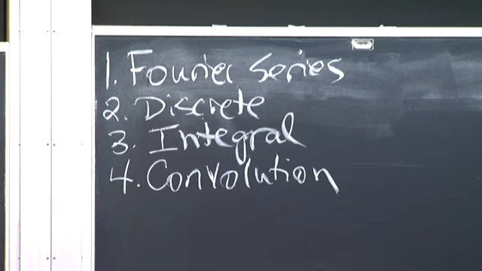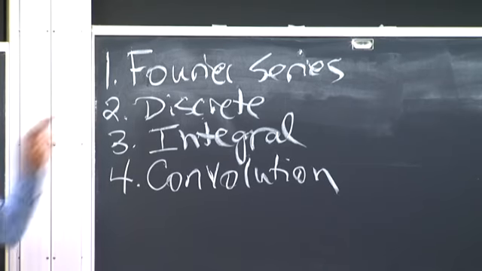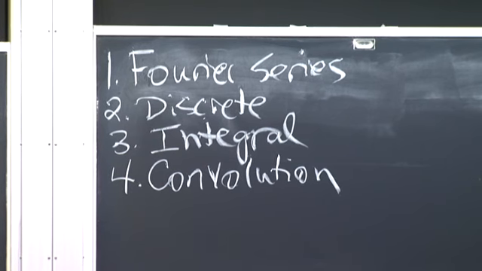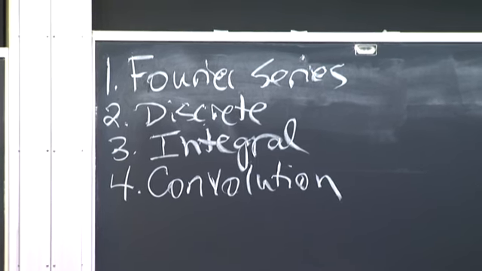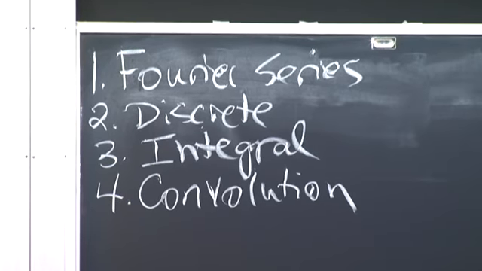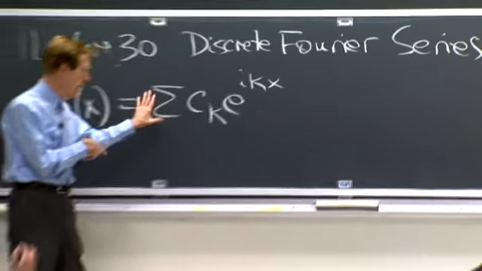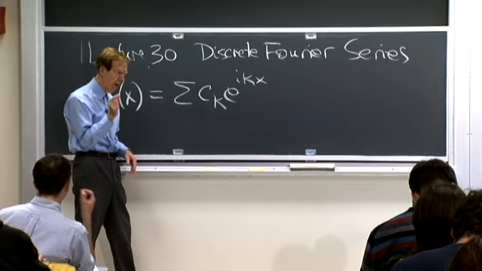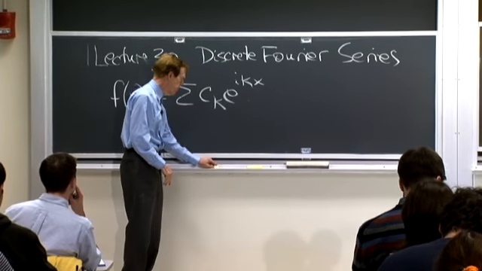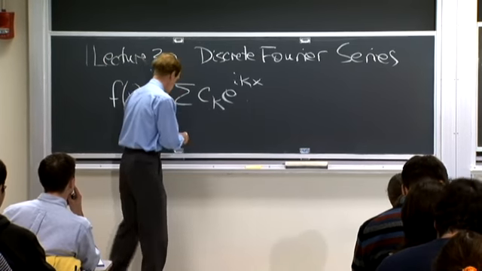But I want to pick up now on the second key example, which is the discrete Fourier series that has only n terms. The series you're looking at has infinitely many terms, but I'm going to cut back to n terms.